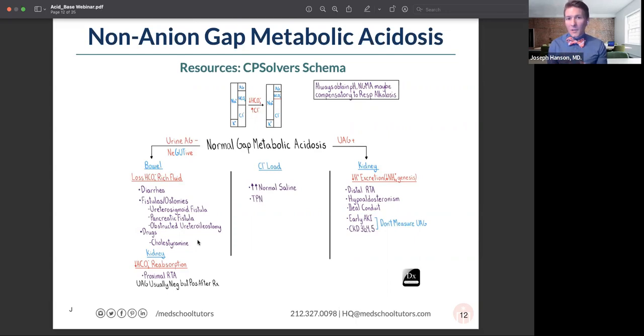So bicarbonate can be diminished in our body because we don't build it in the first place, which means we are not excreting acid in the urine. Or alternatively, we just lose bicarbonate from our body, which could also happen in the urine, but could also happen in the stool as well.